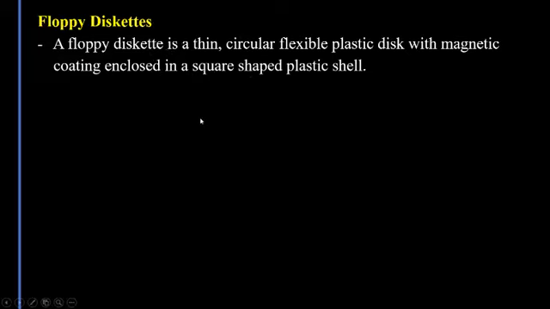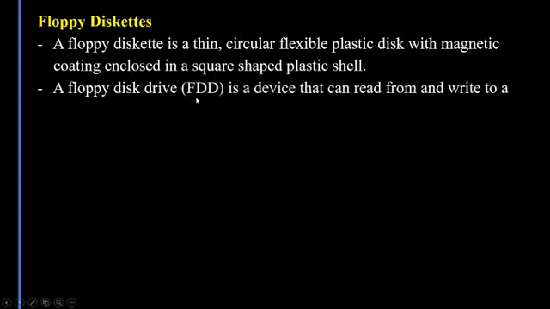While this is a floppy disk, this is a floppy disk drive. It's a device that can read from and write to a floppy disk.